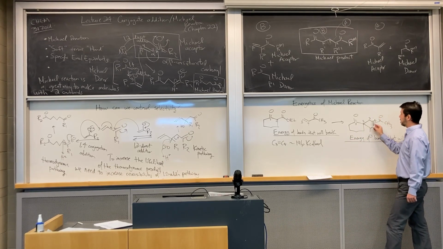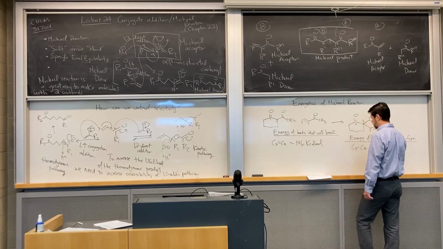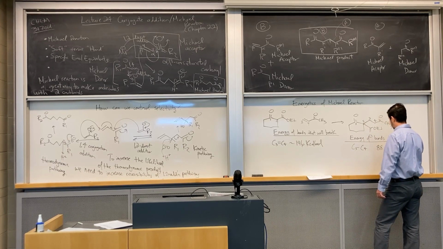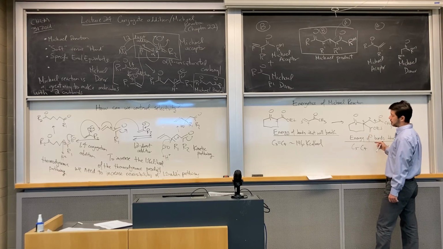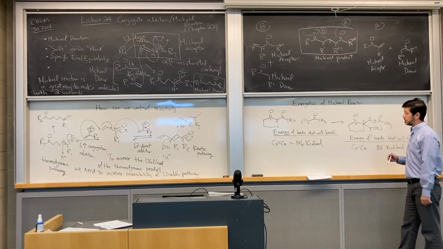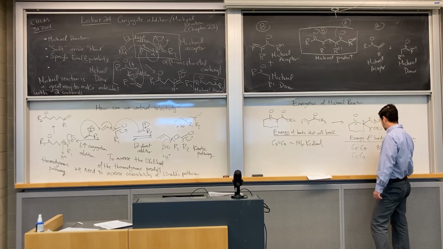So now we have a C3-C4 sigma bond, which is around 88 kilocalories per mole. We've also created a new carbon 2 to carbon 3 sigma bond, which is around 85 kilocalories per mole. If you add that up together, that is 173 kilocalories per mole.